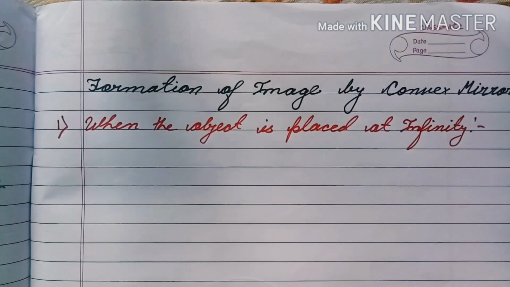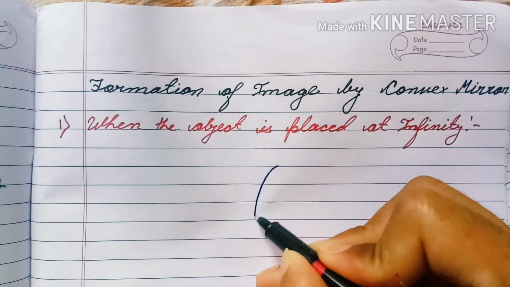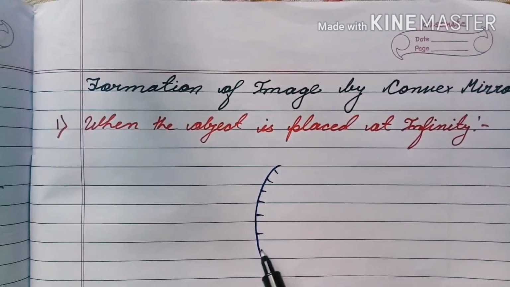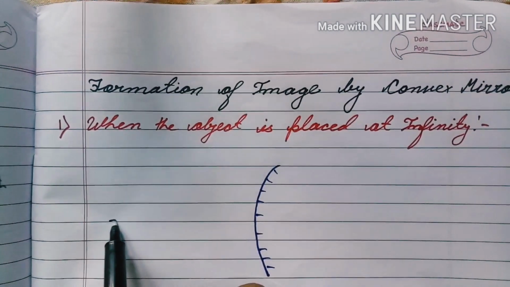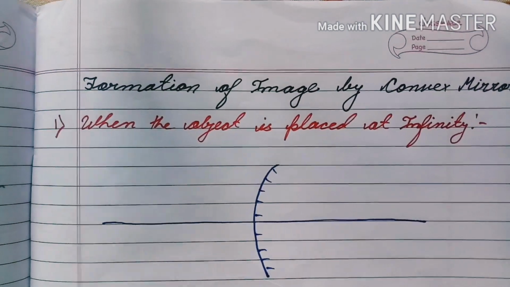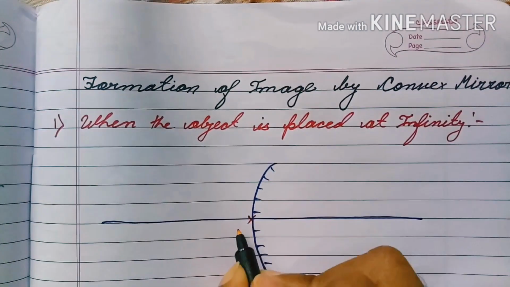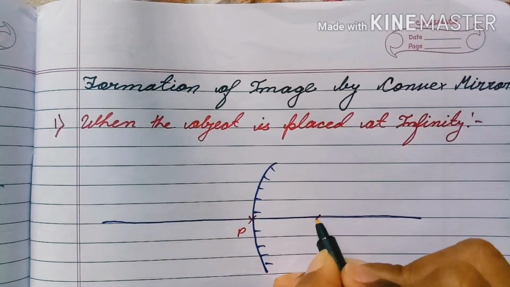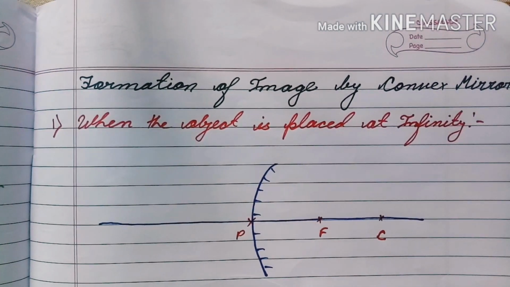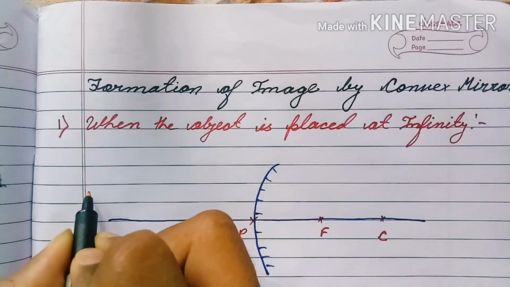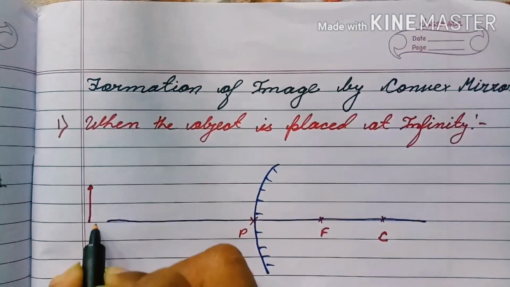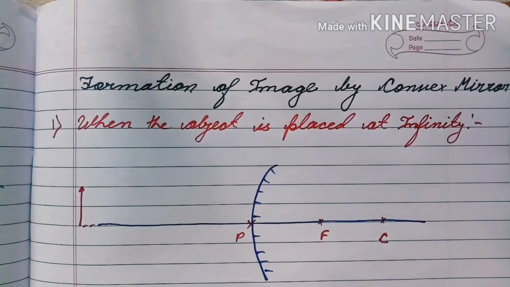Okay, so students, suppose that this is a convex mirror, and this is the principal axis of this mirror. Then this point is pole, this is focus, this is center of curvature. Suppose that this is an object placed at infinity.